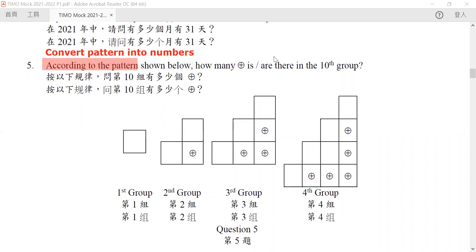Now, what does that mean? It means something like this. In our first group, do you see any cross within our circle? No. So we will assign a 0 for this group. For our second group, we see one of them, so assign 1 in here.